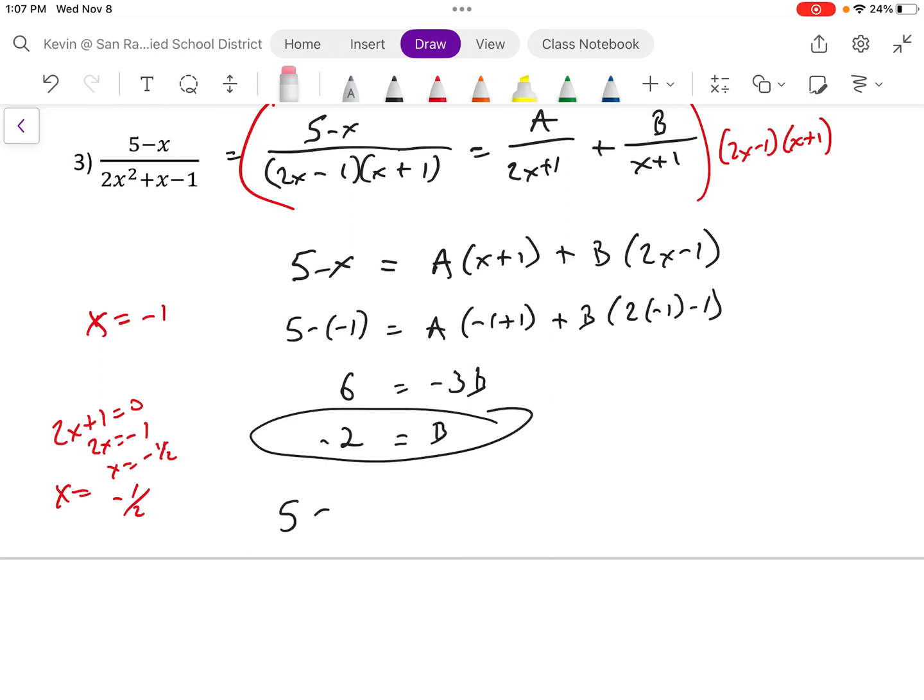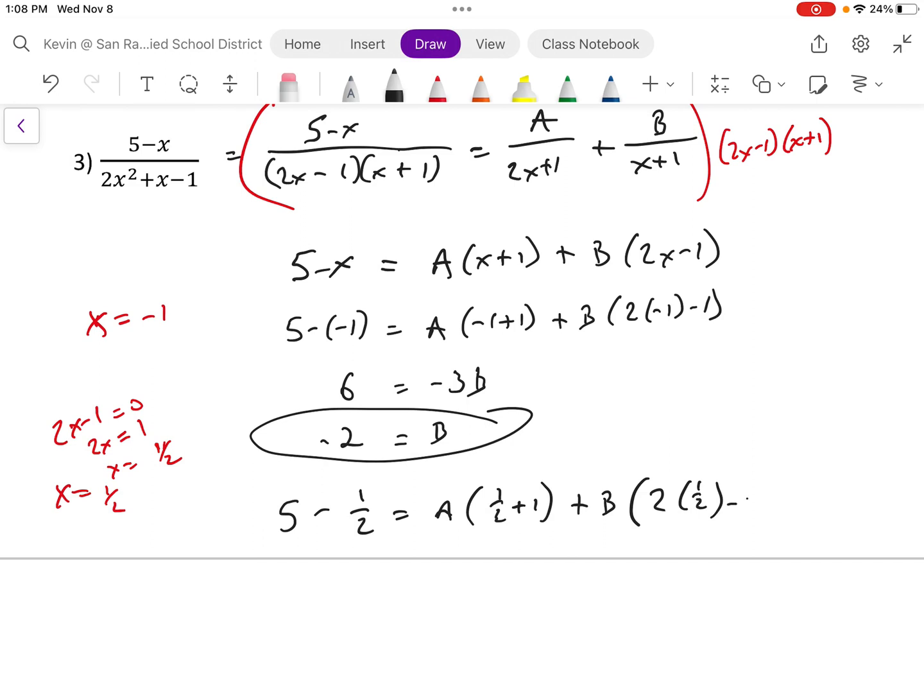Oh yeah, because this is 2x minus 1, so this is 2x equals 1. Okay, clean that up. It's just 1/2. So x equals 1/2. So 5 minus 1/2 equals a times (1/2 plus 1) plus b times (2 times 1/2 minus 1).